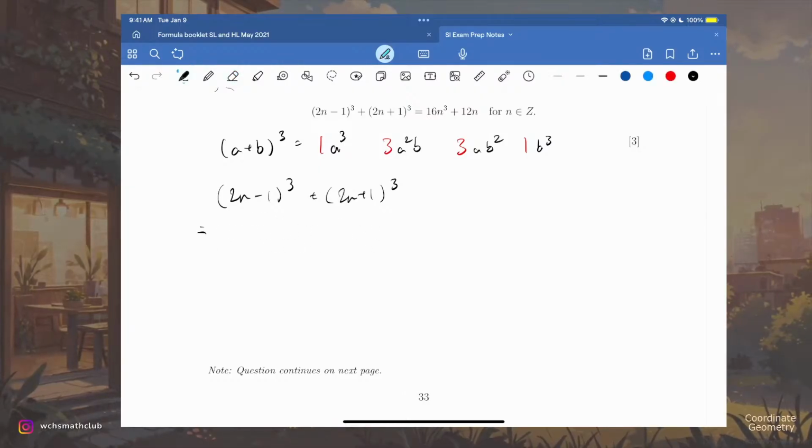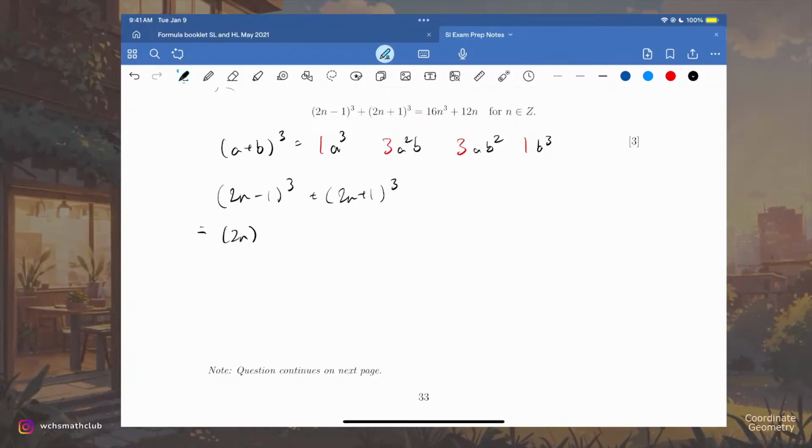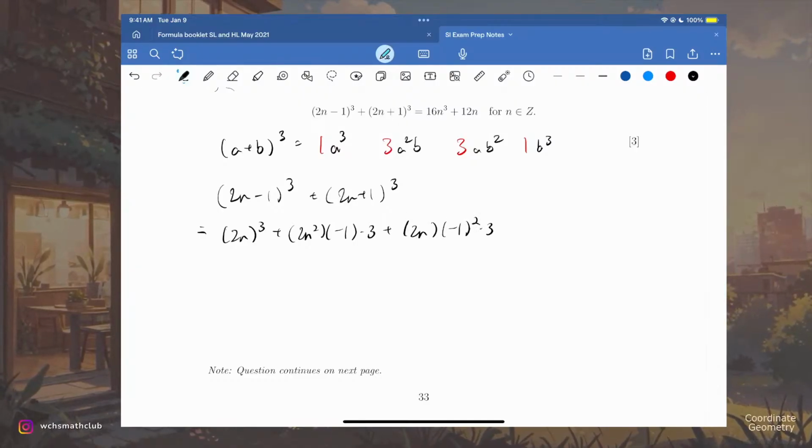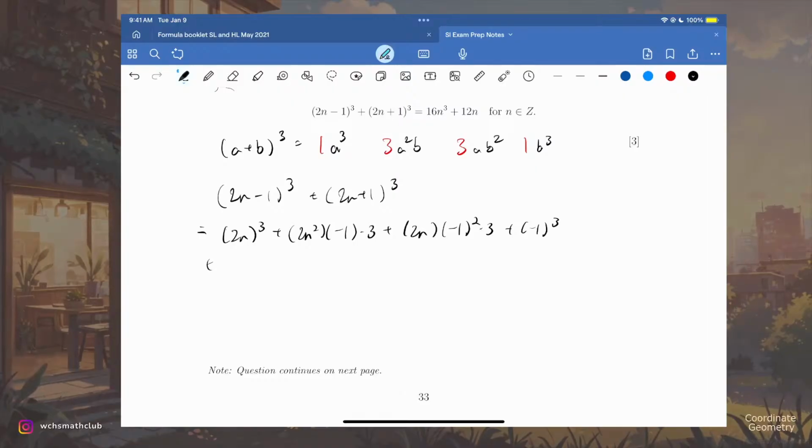So essentially we just want to keep the 1 3 3 1 coefficients in mind, and we're going to do 2n cubed plus 2n squared times -1 times 3, that's our coefficients, plus 2n times (-1) squared times 3, and then plus at the very end (-1) cubed. Okay, and then you would do the same thing but for the opposite sign, so 2n cubed, just like so.